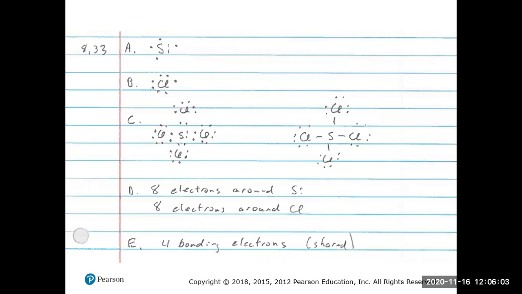Then we would look up chlorine. Chlorine is in the 7A group. And so that tells us that we have 7 valence electrons there. And so we would draw the 7 electrons around the chlorine.